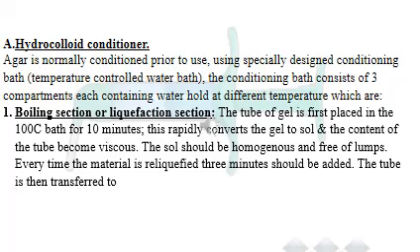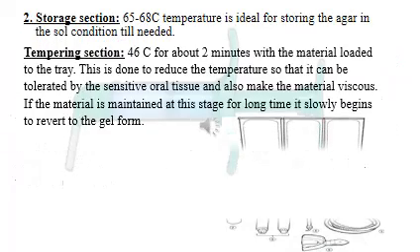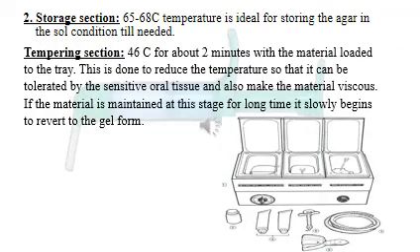Every time the material is re-liquefied, 3 minutes should be added. The tube is then transferred to the second, storage section. 65 to 68 degrees centigrade is the ideal temperature for storing the agar in the sol condition until needed. Third, the tempering section: 46 degrees centigrade for about 2 minutes with the material loaded in the tray.